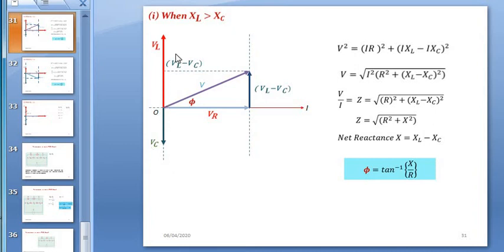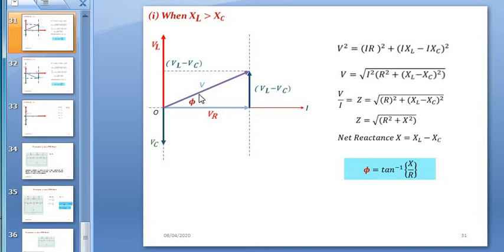Therefore, we have considered case 1 when VL is greater than VC. Taking this VC over here, it will be the VL minus VC component. This is equivalent to this component, VL minus VC.